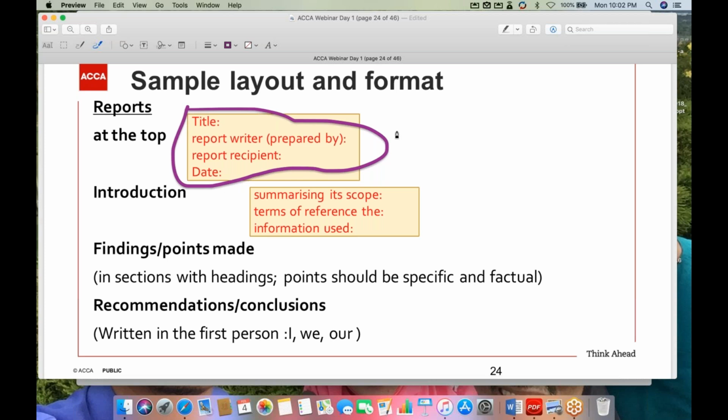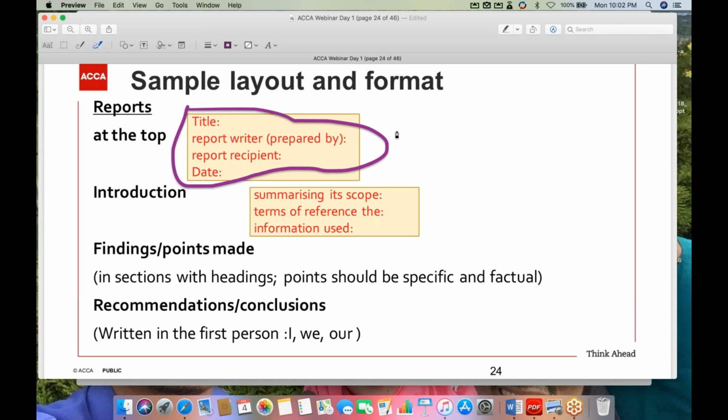So what are you going to write there? It depends on your role. All right. Who are you? Because when you prepare it, you are preparing it based on the role that is being given to you, whether you are a financial controller or an internal auditor, all right? So it's supposed to be you there.